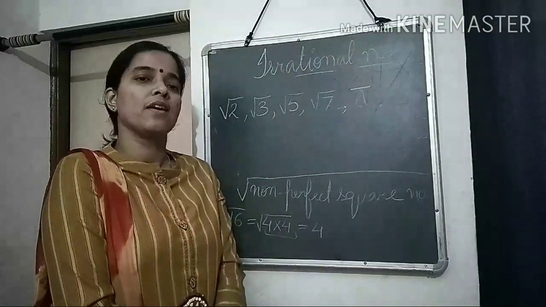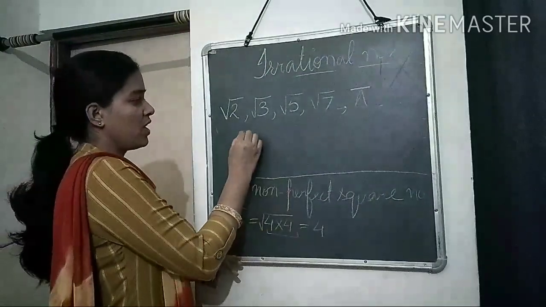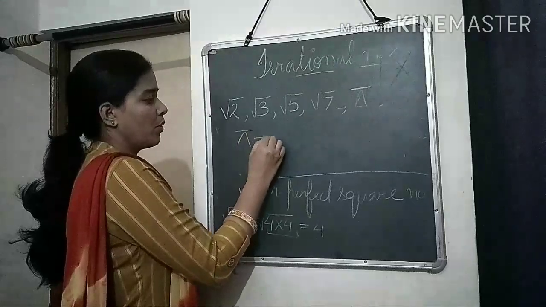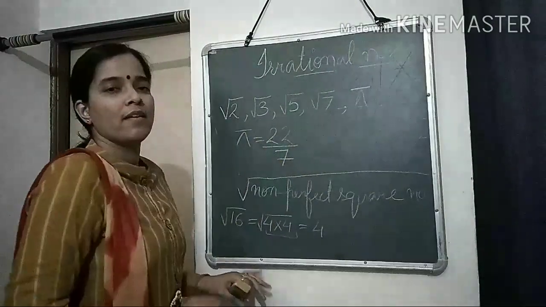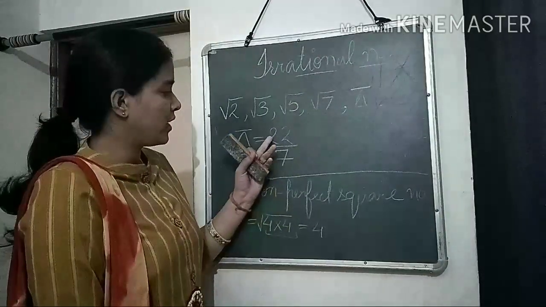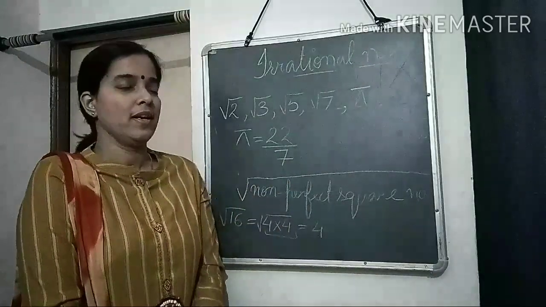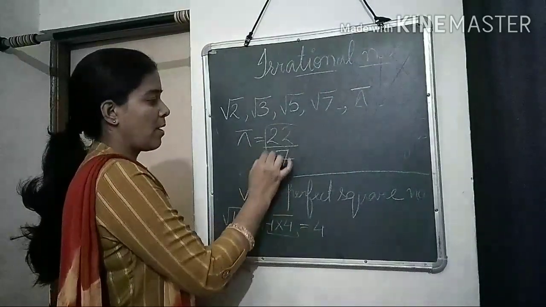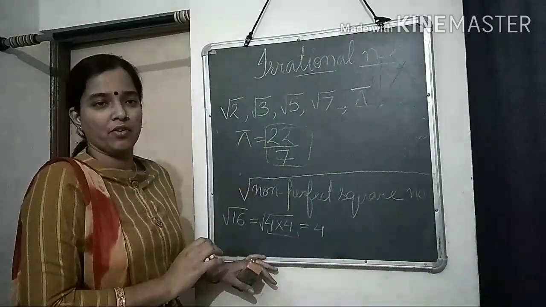Now you will say, how can pi be an irrational number? Because we can write it as 22 by 7. Pi is an irrational number because this 22 by 7 is not the exact value of pi. We have taken an approximate value which is near the value of pi.